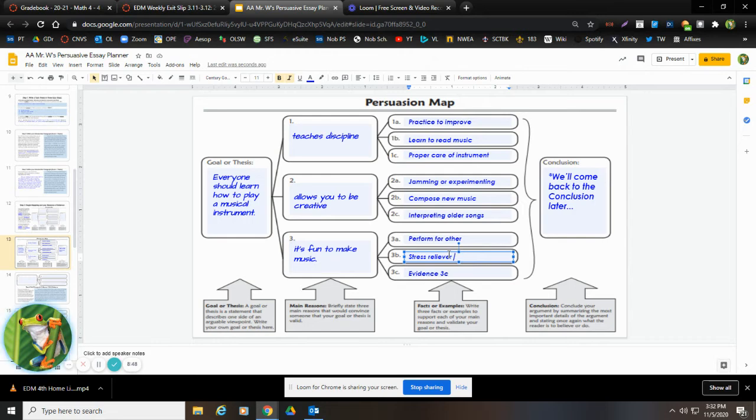And then finally, how is playing music fun? It brings me a lot of joy and satisfaction when I learn a new song. It gives me a sense of accomplishment. If I hear something on the radio and figure it out by ear, or if I hear a song on Spotify and look up how to play it, there's a website called Ultimate Guitar that I use quite a bit.